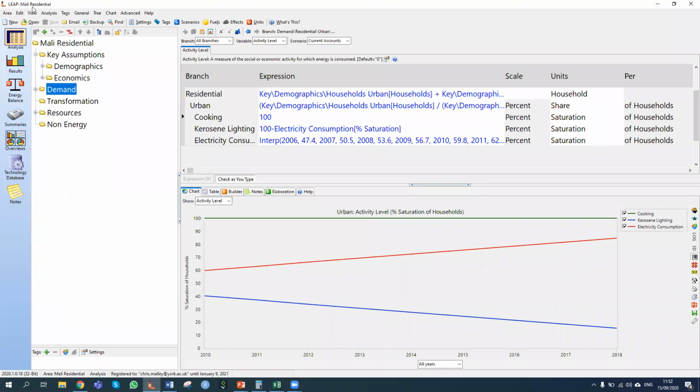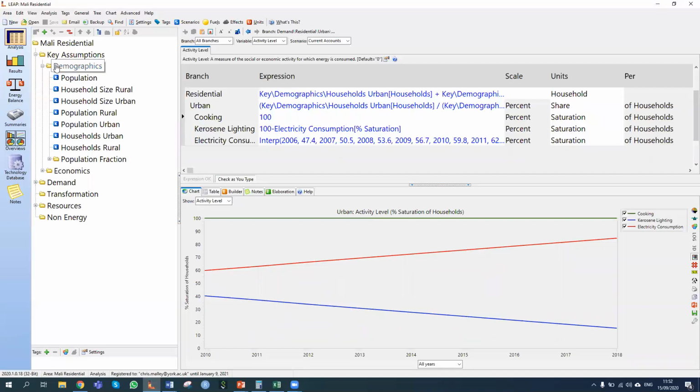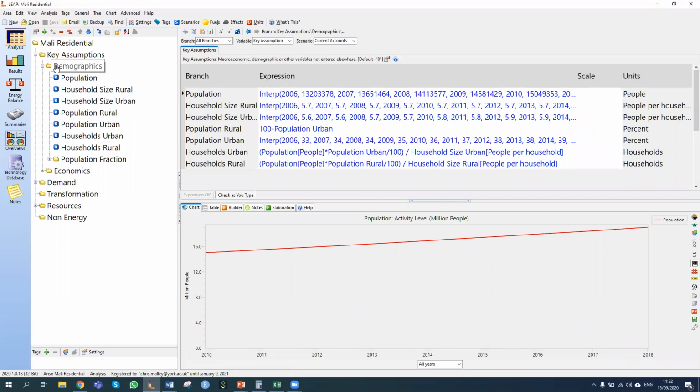In the Mali residential LEAP dataset, we have created a data structure to enter that data in that Excel spreadsheet into LEAP. So we have created key assumptions under demographics that allow us to calculate the number of households.